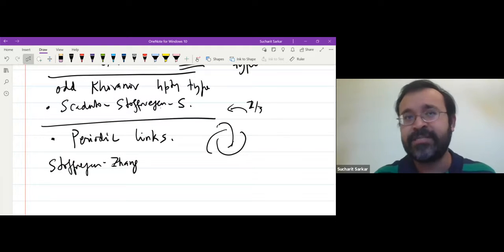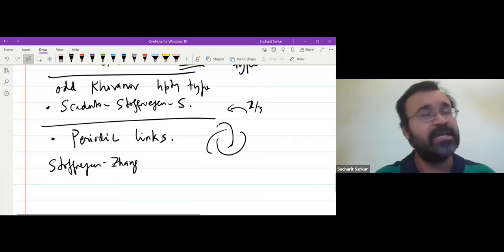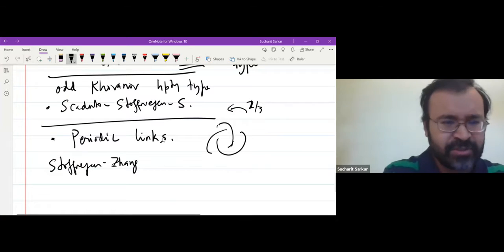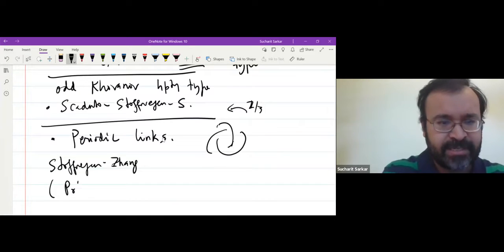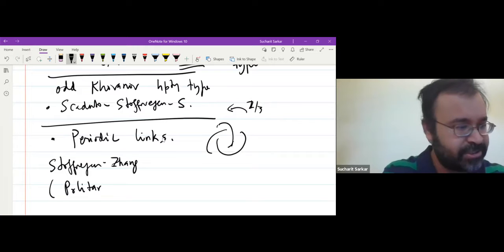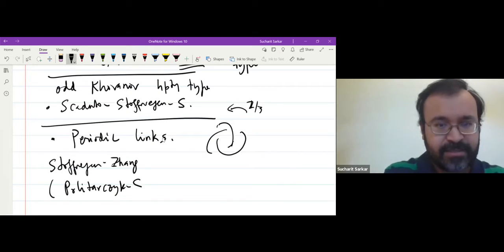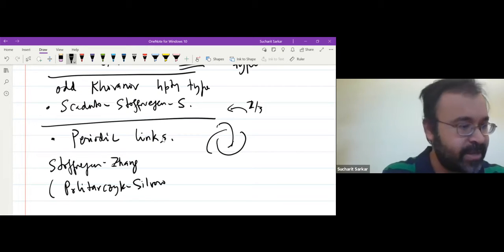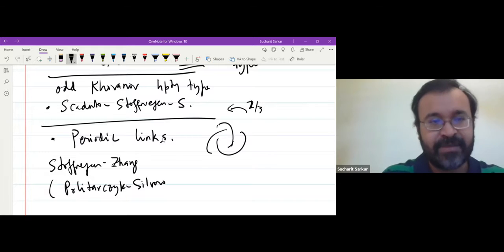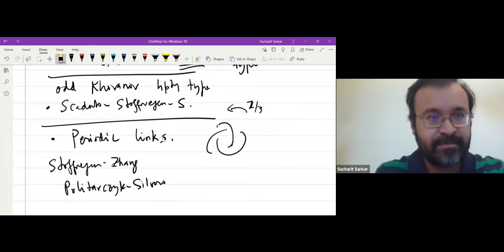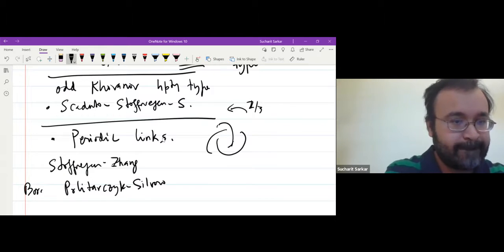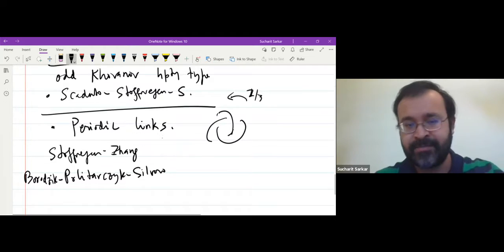It tells you things about the Jones polynomial of periodic links which we didn't already know. This was also later done by, let me cite them, Politarczyk, Silvero, and Borodzik. Okay, so it was done by them as well.